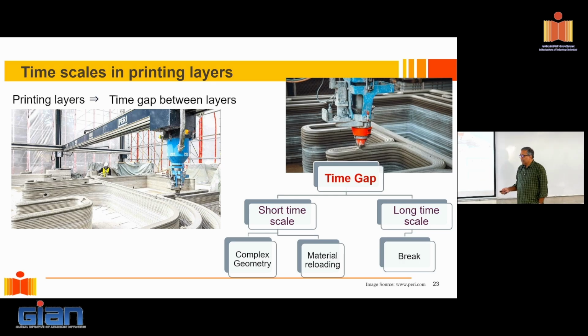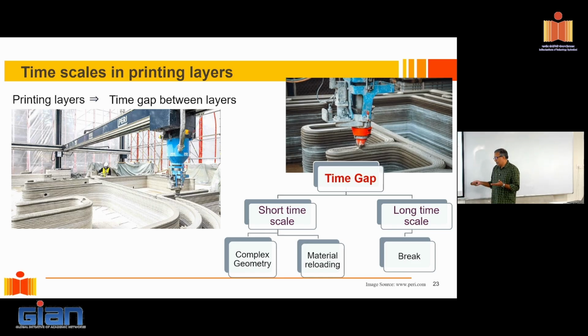So when you do this, by its very nature, you introduce a time gap between the layers, right? Why? Because even if I wait for one lap to be completed, there's a finite amount of time gap that is introduced between the different layers. So when we look at time gap between the layers, I have the short time scale, and within the short time scale, if the geometry that it's printing is complex, it may take a few minutes for the nozzle to come back. So that is a gap that is introduced, right?